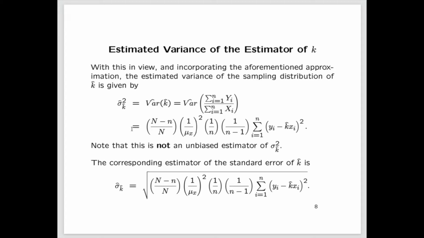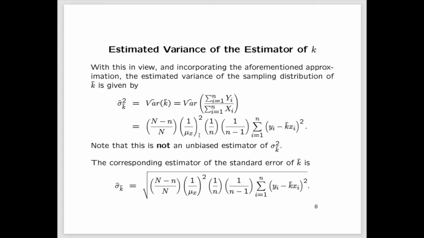And so we can see here that it involves the population size, capital N, and the sample size, little n. It involves the x's and the y's. Notice also that this estimated approximate variance also depends on mu sub x, the mean of the population of x values.